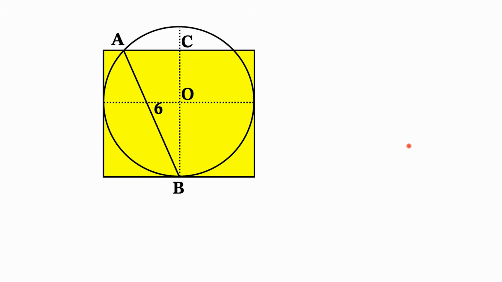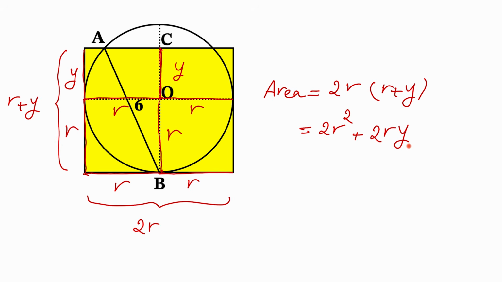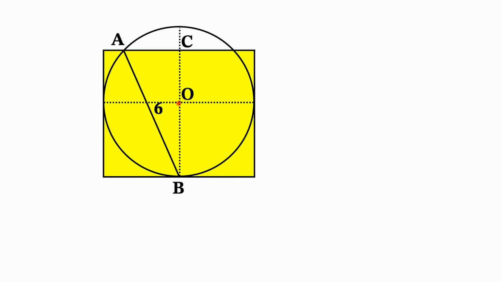So how can we relate these parameters R and Y? If we draw a line from the center to the circumference, we can get two right triangles, one here, AOC, and one here, ABC.